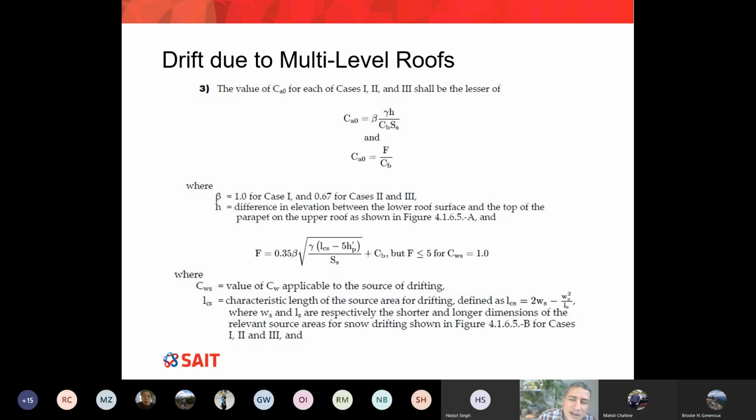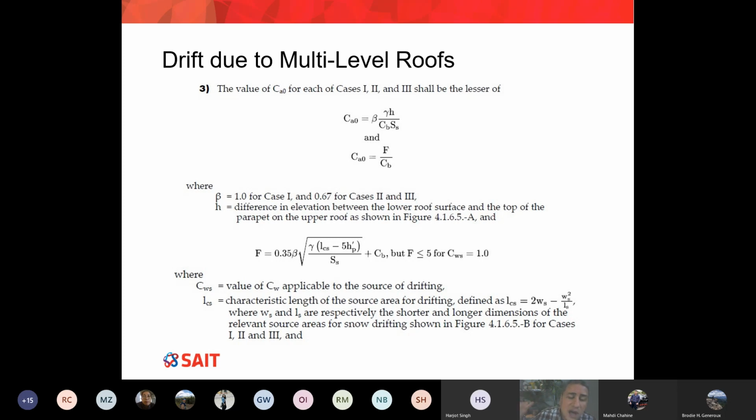Okay, fine. So L sub C is the characteristic length of your roof, which means it's just a function of the width and the length of your roof. And here it's not L sub C, it is L sub CS, for the source. So L sub CS is the characteristic length of the source.